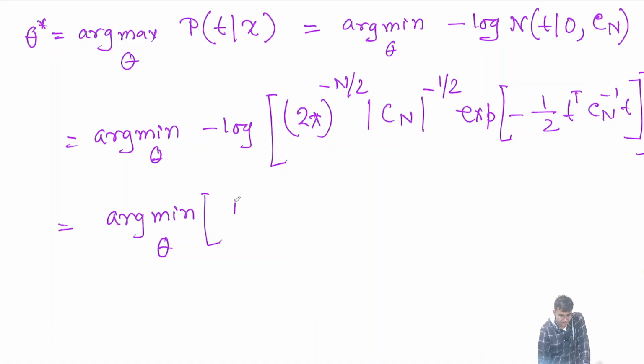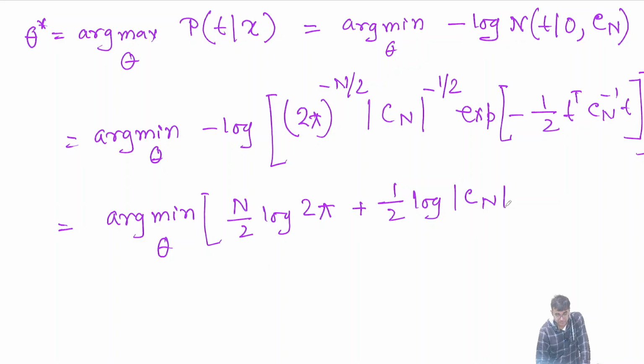Along with the negative sign, I get n by 2 log 2 pi, which is the most useless term. I am going to drop it, since there is no theta there. Plus 1 by 2 log determinant of Cn. Here is the important information: there are efficient algorithms for finding the log determinant.